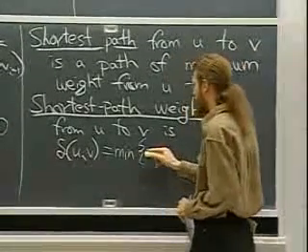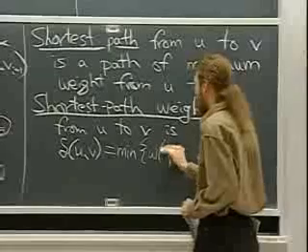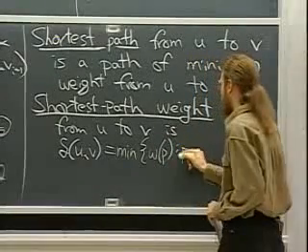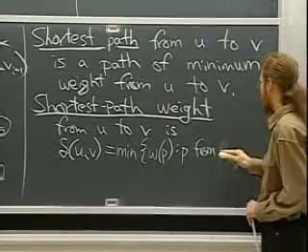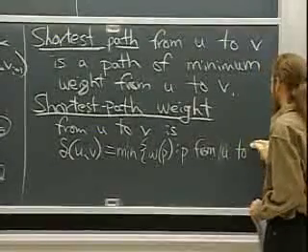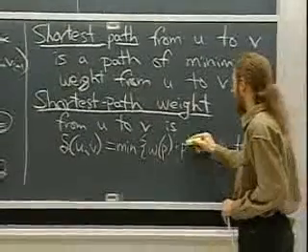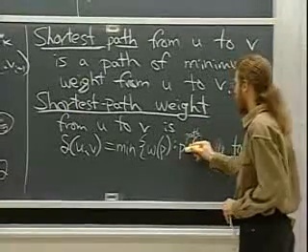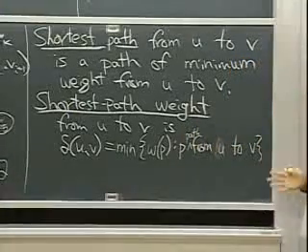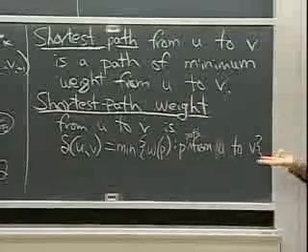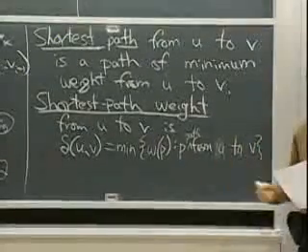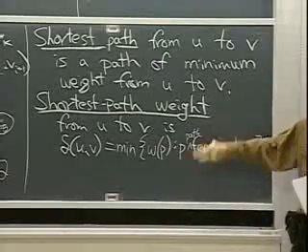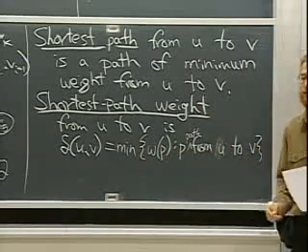In other words, it's the min over the weight of each path P from U to V. There could be exponentially many different paths. There could, in principle, be infinitely many if you're allowed to repeat vertices. You look at all those paths, hypothetically, and take the minimum weight.